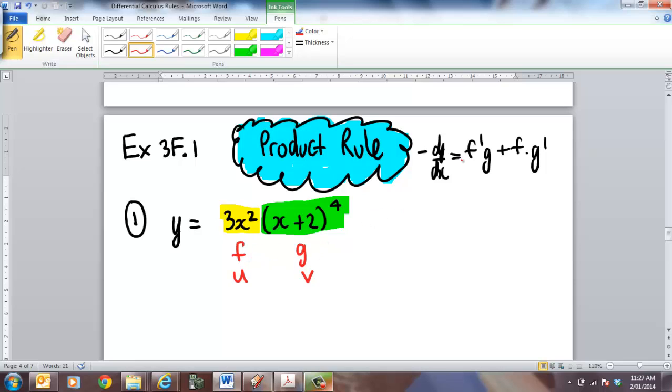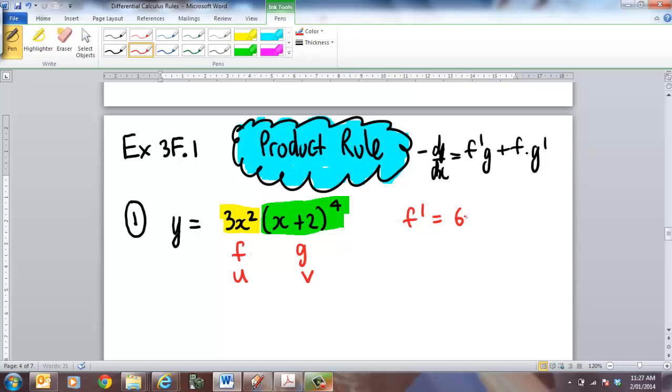Alright, so it's just the idea of representing that as a separate function. Now, the product rule in your table is dy/dx is equal to f dash times by g plus f times by g dashed. So the reason why we do this is so that we can actually do the differentiation. So if my f is equal to that, my f dashed is going to be simply 6x, an easy calculation.